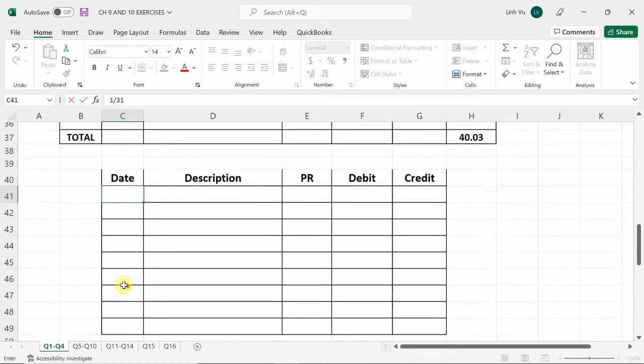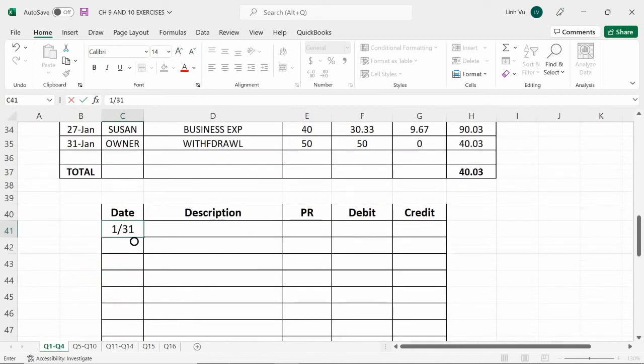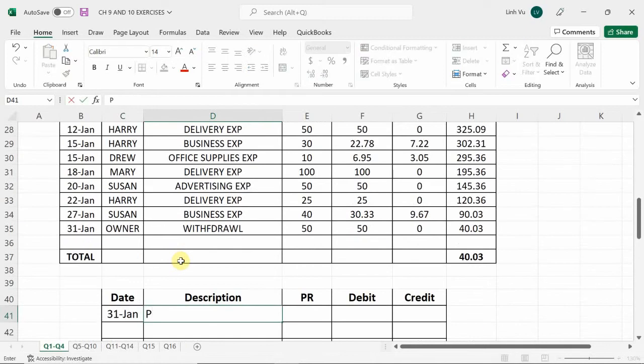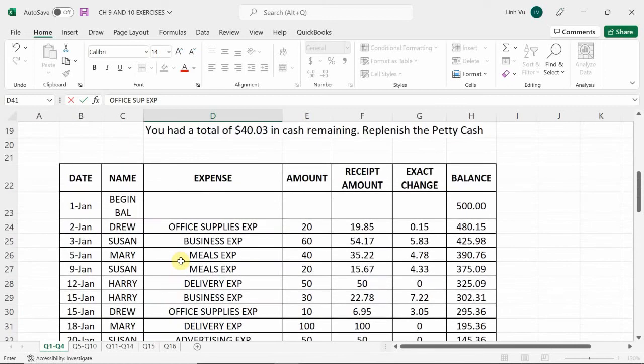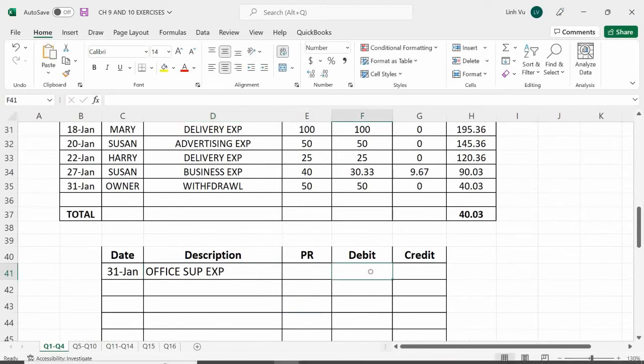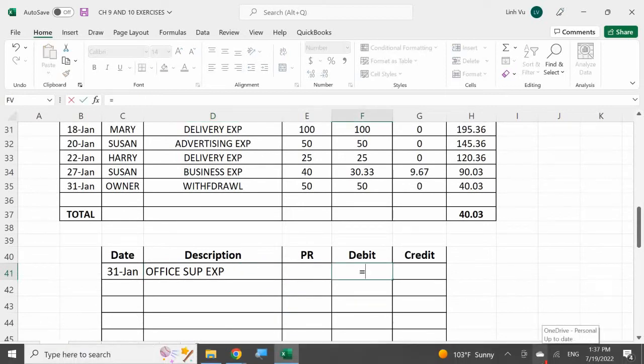So I have office supplies expense. Yes, I'll just shorten it up. Office supplies expense is $26.80. In this case, we need to figure out how you got $26.80. Let's take a look.